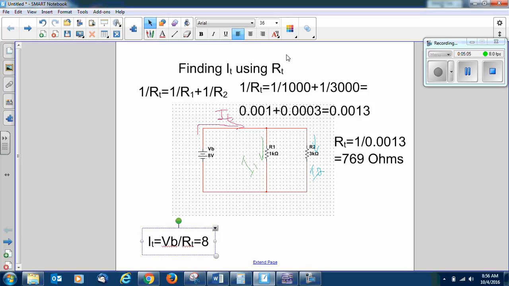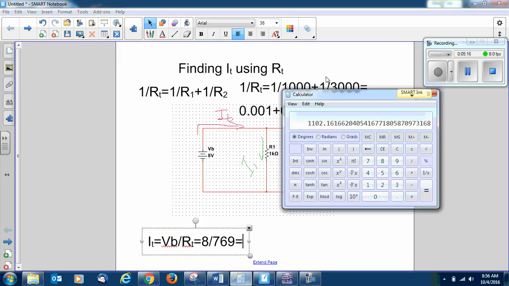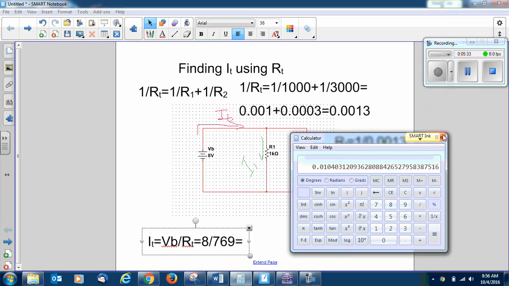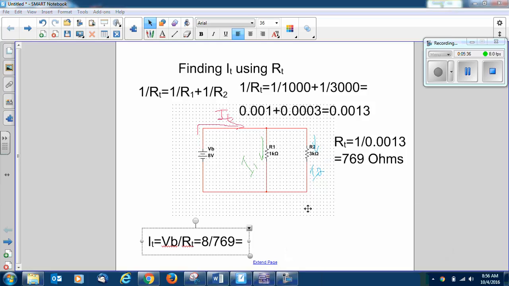So I'm going to have 8 divided by 769. And let's see what that's going to be. Let me open up my calculator. 8 divided by 769. And I get 0.01. So I'm going to put it in right here, 0.01.